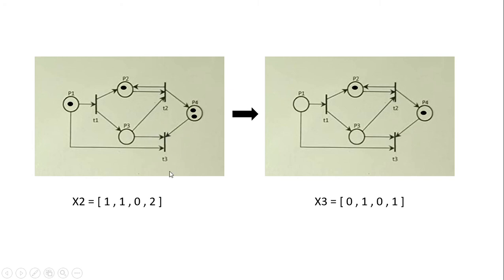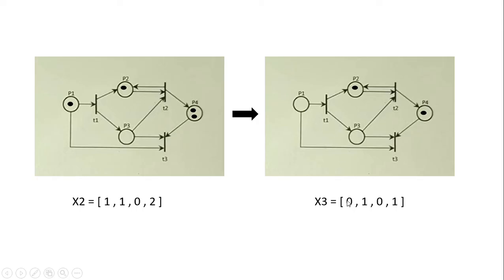So every token will come here and vanish. P1 had one token, so it will vanish. P3 is already empty. P4 has two tokens, so if one token goes here, then P4 has one.